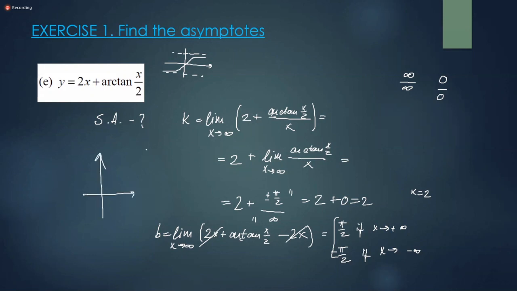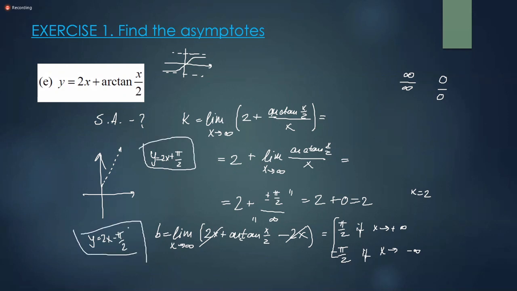In fact, we would have something like, okay, the first asymptote, y equals 2x plus pi half. So in the positive infinity, this function would approach this line, but when x tends to negative infinity, we would have y equals 2x minus pi half, the second slant asymptote.